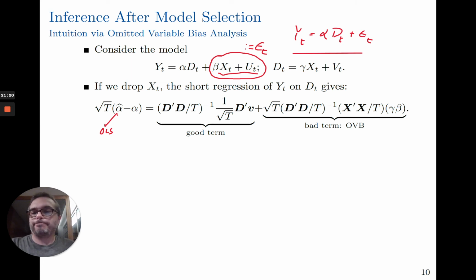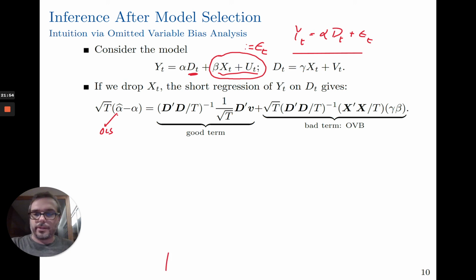Okay, so alpha hat minus alpha multiplied by square root of T, the sample size, will be given by d prime d, where d is just a matrix stacking all the observations of d. Okay? So d transpose d divided by T, inverse, times 1 over square root T, d prime v here, which is exactly this error here.